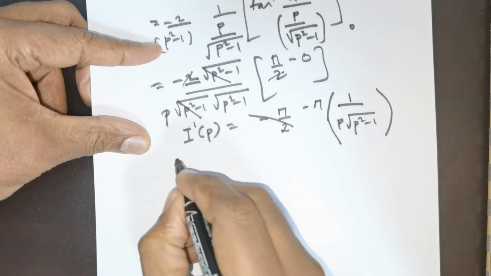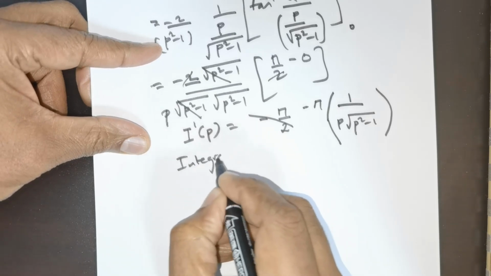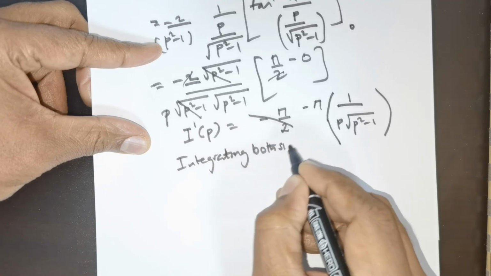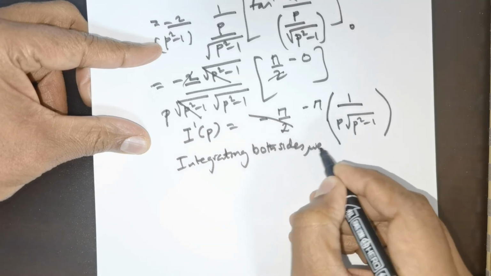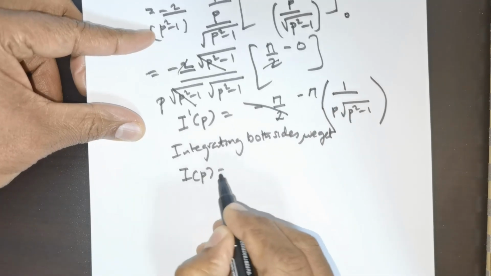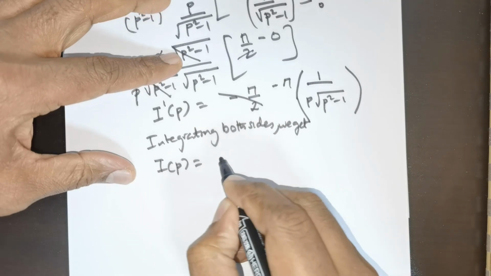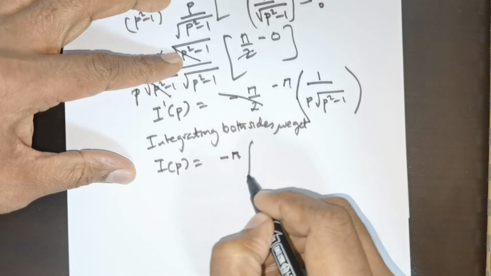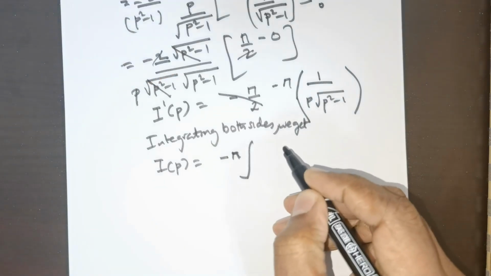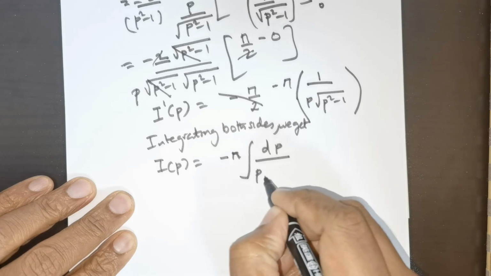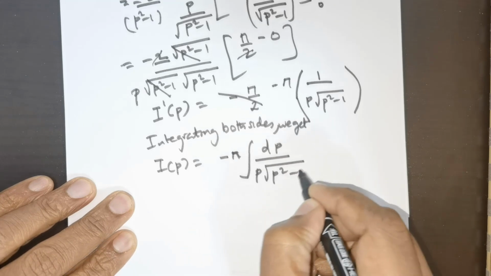So if I were to integrate both sides, let me write that down. Integrating both sides, we get, so what do we get? This is going to be I of p is equal to negative pi integral dp over p times root of p squared negative 1.